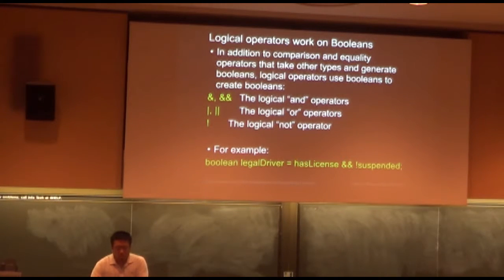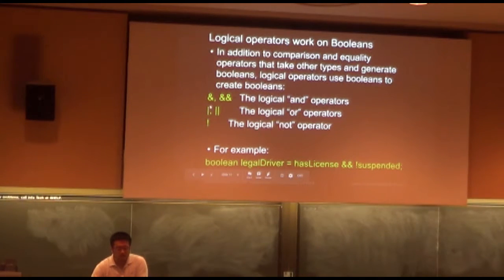The meaning of the OR operator is that it is true as long as at least one of the operands is true. And the NOT operator applies only to the thing to its right. It has higher precedence, and it transforms false into true and true into false. So not true is equal to false, not false is equal to true.